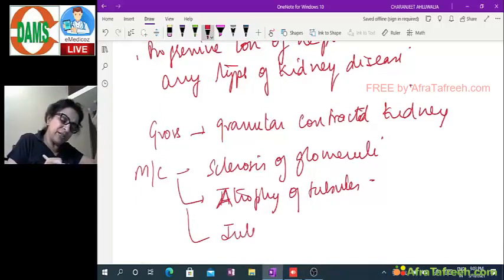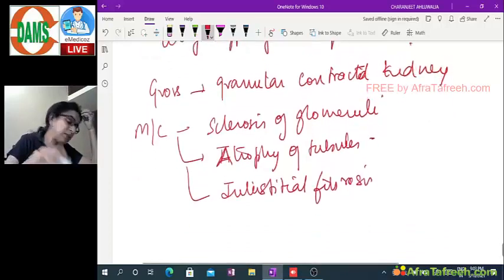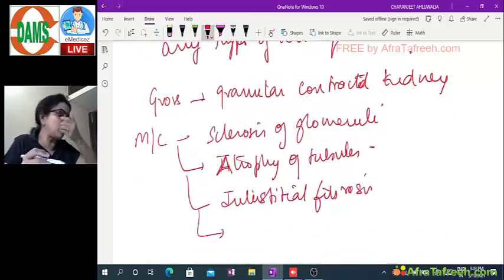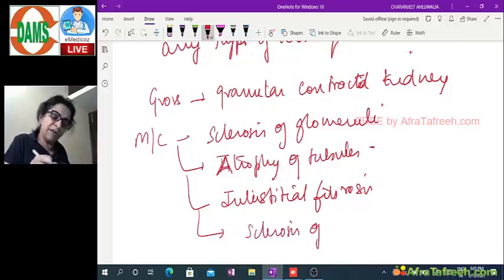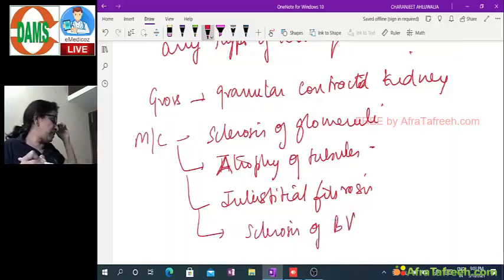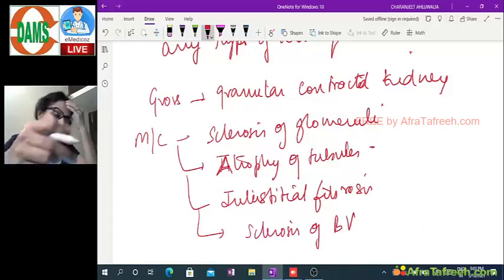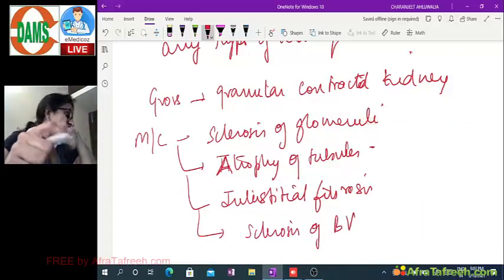There is interstitial fibrosis. And fourth, even the blood vessels of the kidney become obliterated, with sclerosis and fibrosis of blood vessels also. All these features are seen in chronic kidney disease or chronic kidney injury.